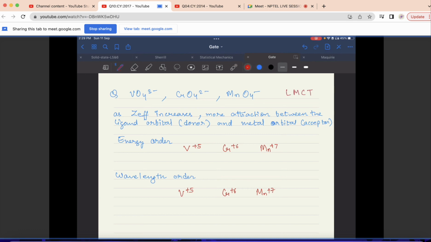Before that, we have to note that as the Z effective increases, where Z effective is the nuclear charge on my metal orbital, it will attract the ligand orbital more, correct? So the ligand will act as a donor and my metal will act as an acceptor.